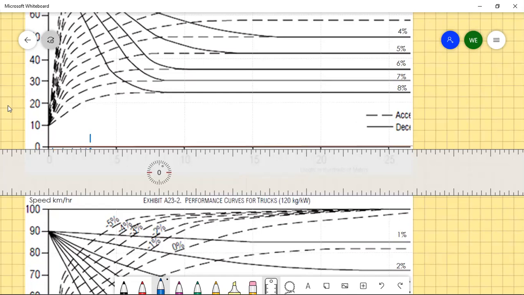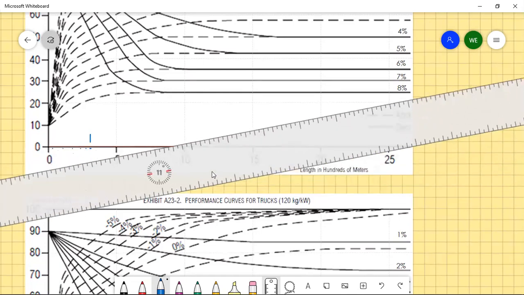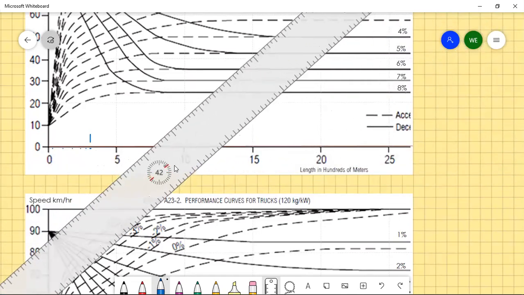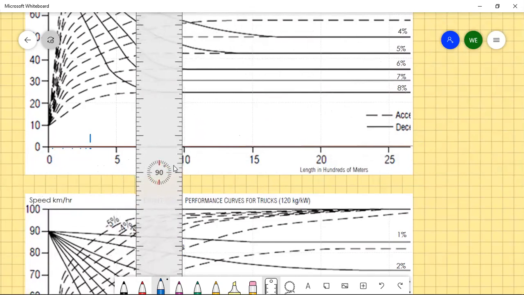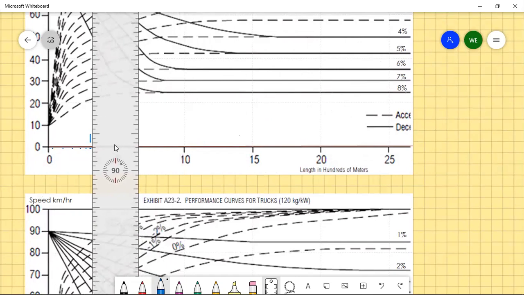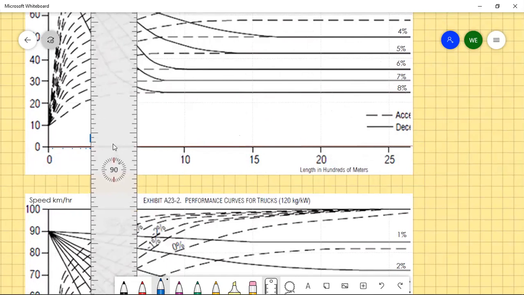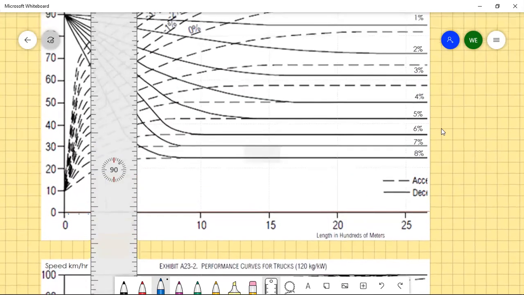for the 300 meters. So now let's just mark our stopping point, or the exit point. It's going to be here. What does this mean?